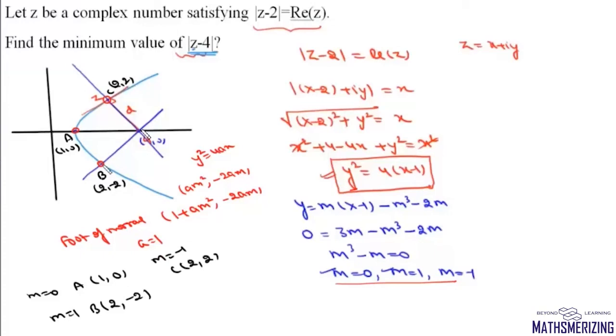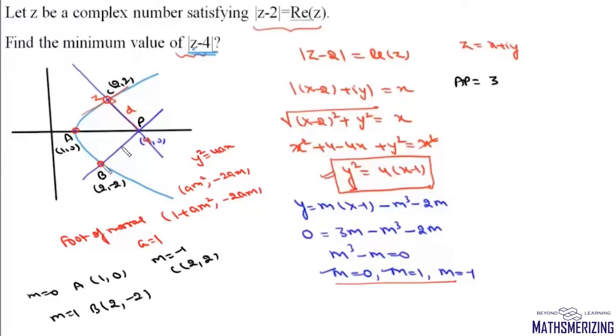Now we'll find all these 3 distances and then we'll see which is the minimum distance, and that will be the minimum value of |z - 4|. So we'll find this AP. So this AP is simply 4 - 1 and that is 3.